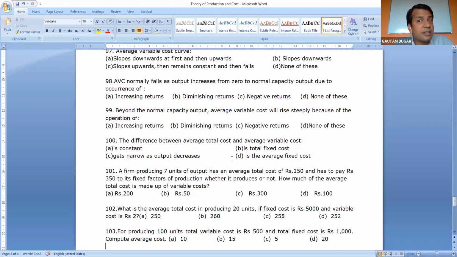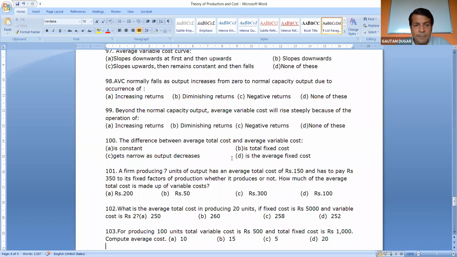Because of the indivisible fixed factor, when we are using more and more labor, the fixed factor gets more properly utilized and hence AC and AVC decline. So for 98, the answer is A. It's not B, sir. AVC normally falls as output increases from 0 to normal capacity due to occurrence of increasing returns.